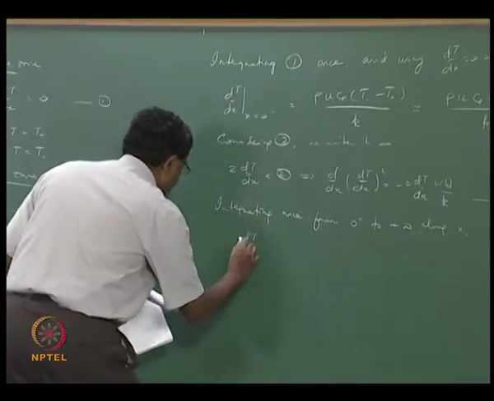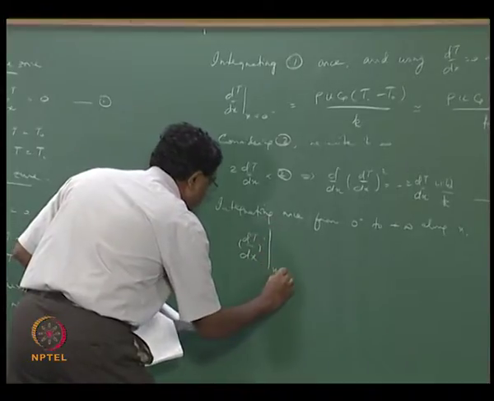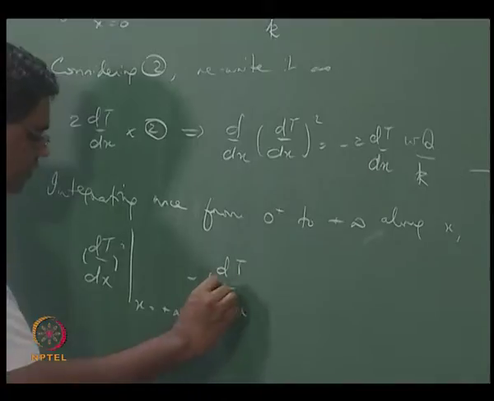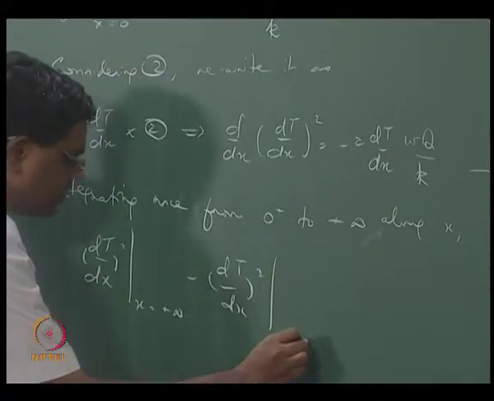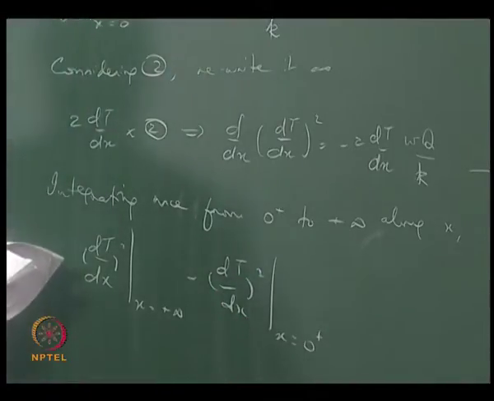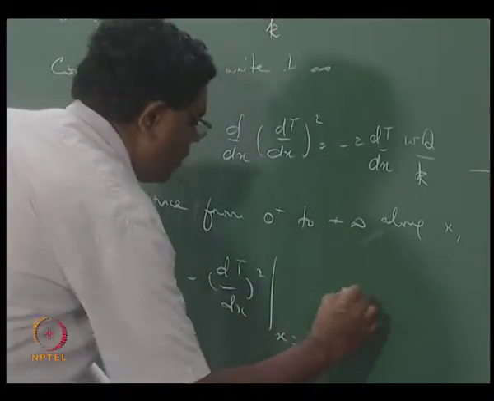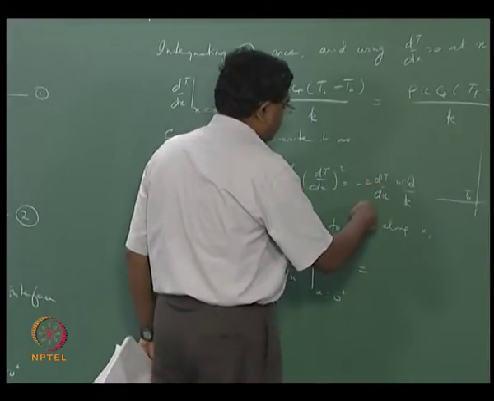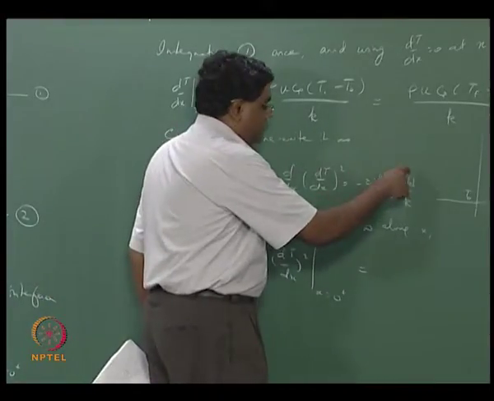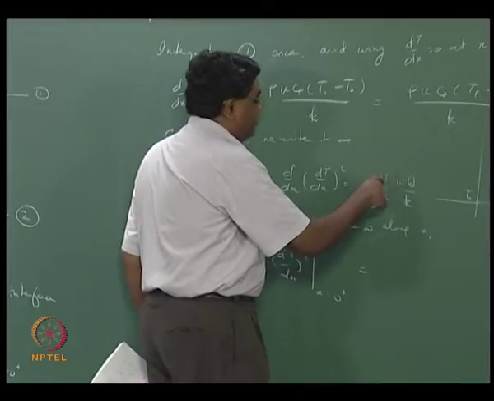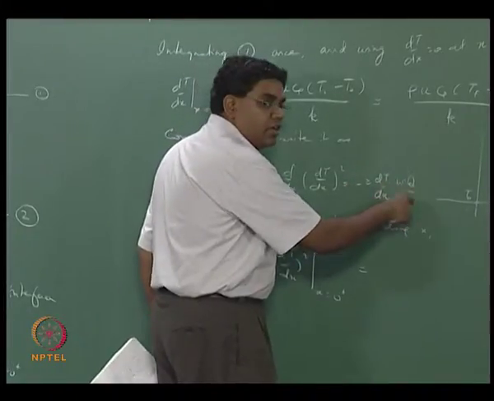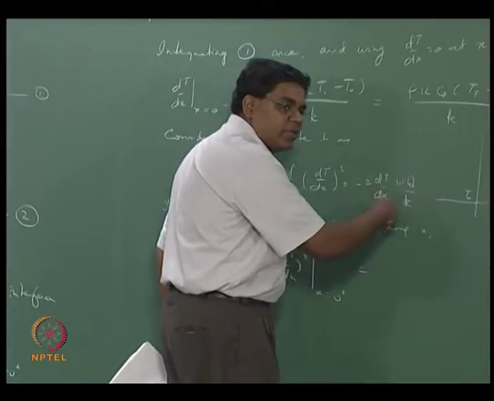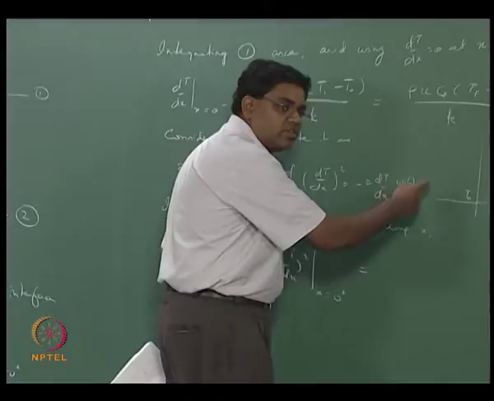dt by dx the whole squared evaluated at x equals plus infinity minus dt by dx the whole squared evaluated at x equals 0 plus, equal to, you're going to have this integrated from 0 plus to infinity of minus 2 dt by dx wq divided by k times dx. You could actually say this is not really an integral with respect to x anymore, it's an integral with respect to t.